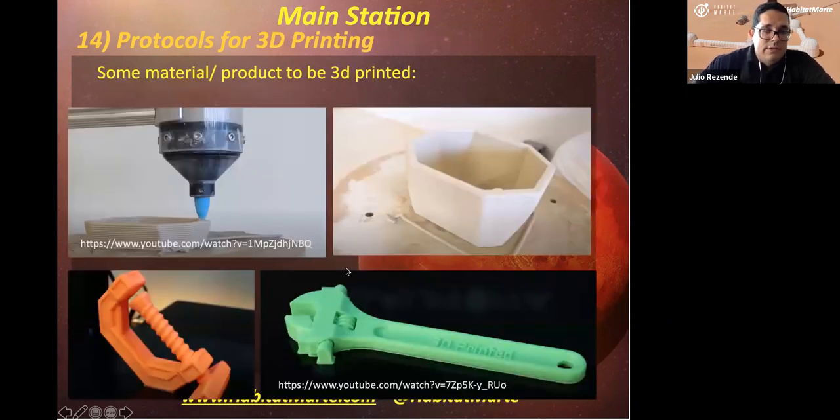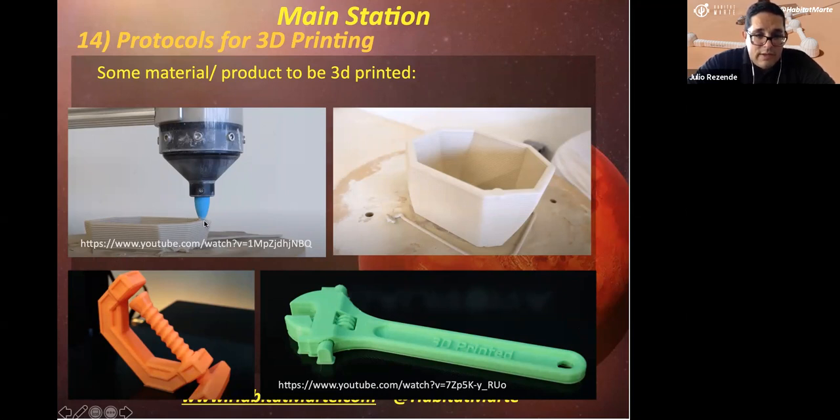We also imagine some 3D printing technologies aboard. In this first photo, they are printing something like a ball, okay, using ceramics. In this case, the 3D printer is using soft clay.